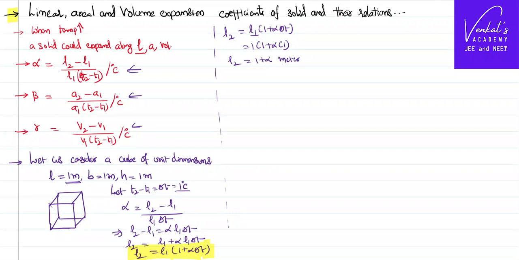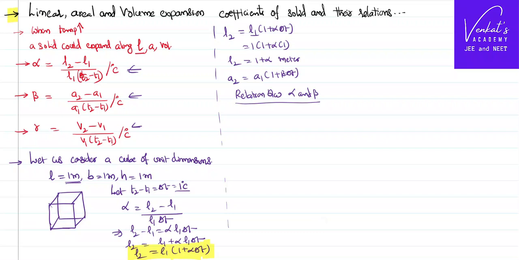Similarly, I can find A2 as A1 of (1 plus beta delta T). We'll try to find a relation between alpha and beta.